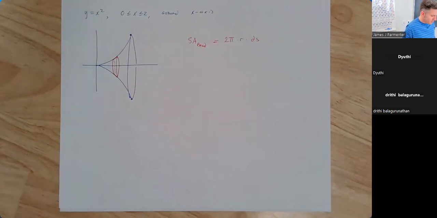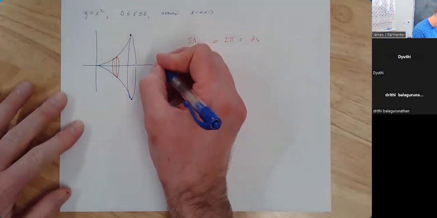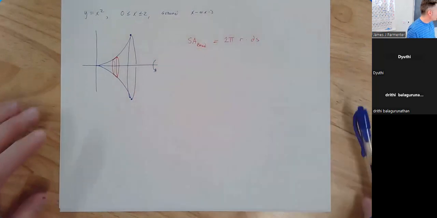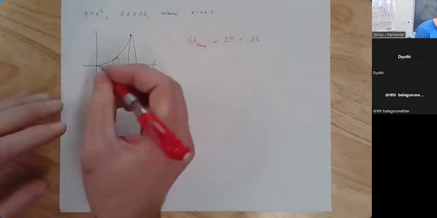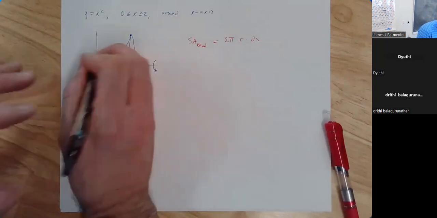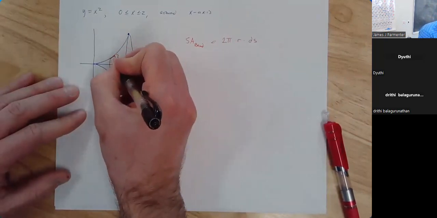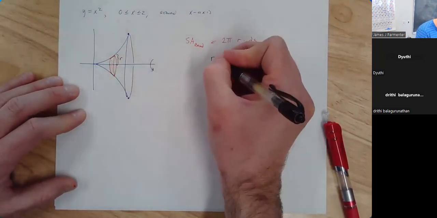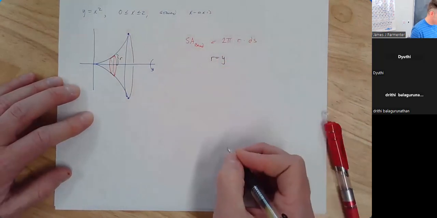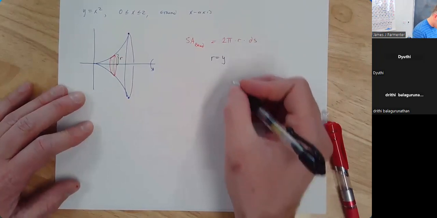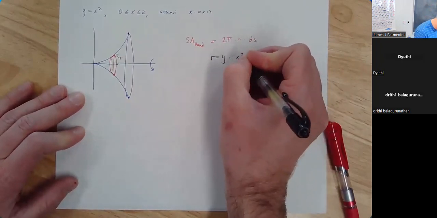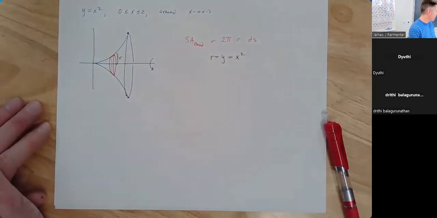So now, if we're going around the x-axis, we're imagining that our radius is how far we are from the x-axis, which is y. But I want to do things in terms of x, because I've already got things written in terms of x. So I'm going to say my radius is x squared, because that's what y is equal to.